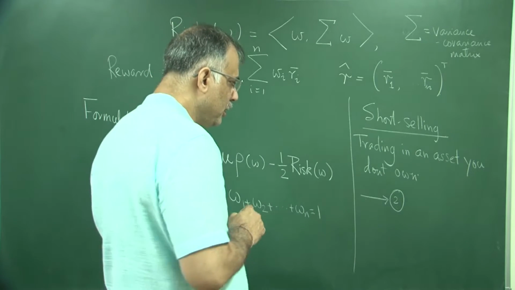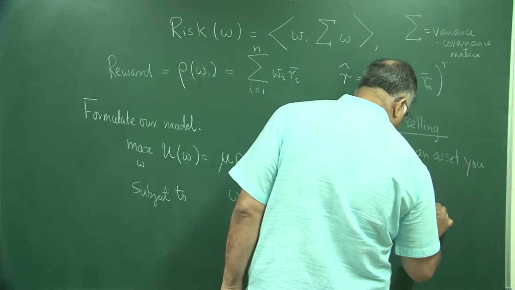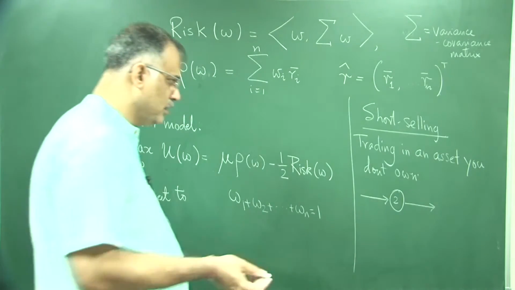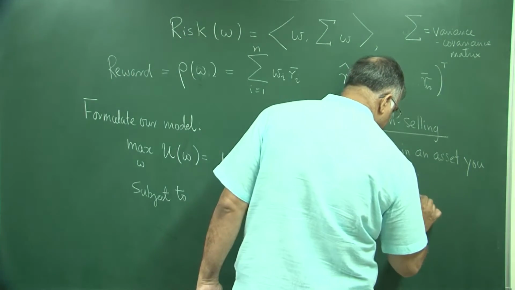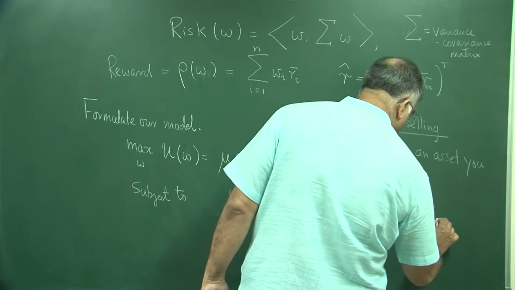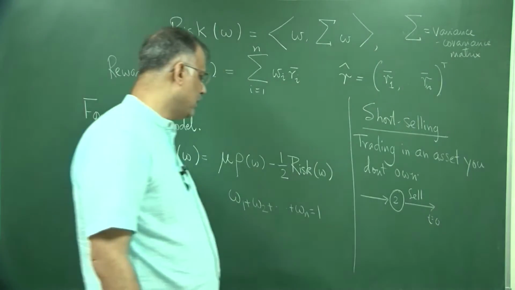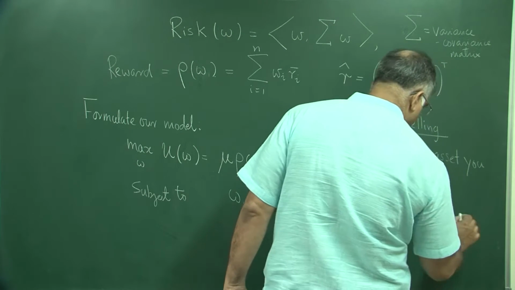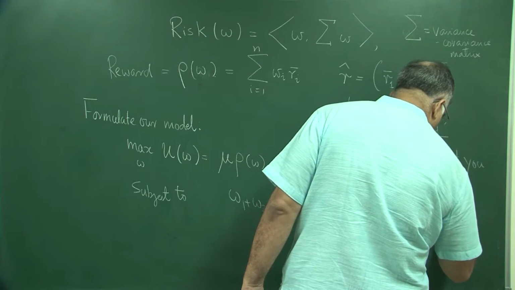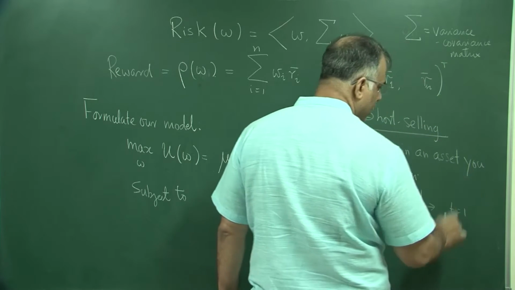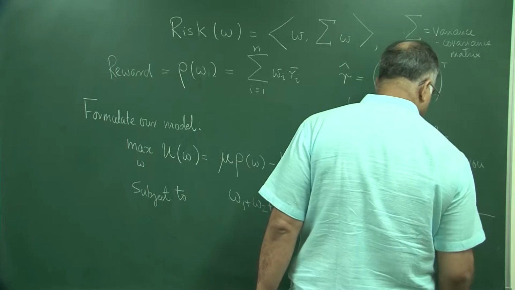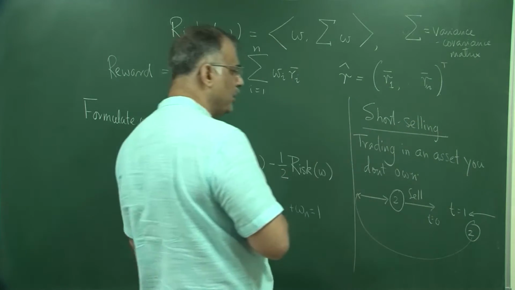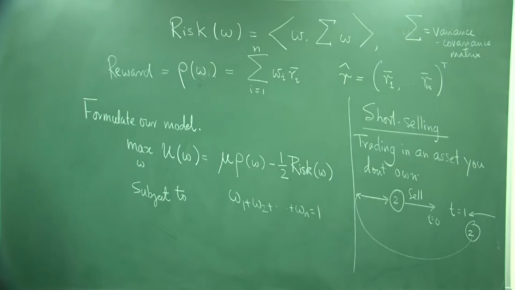You sell it in the market at whatever the price is, at time t equal to 0, and then at time t equal to 1 you buy back that asset, asset number 2, and return it to the lender. That is essentially the job.